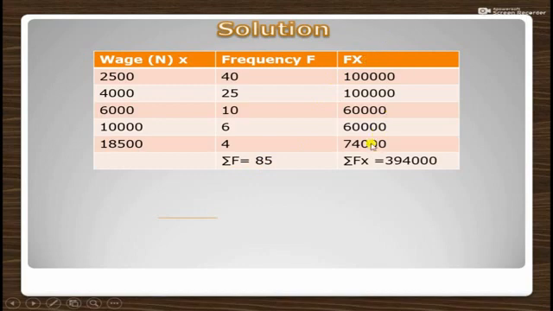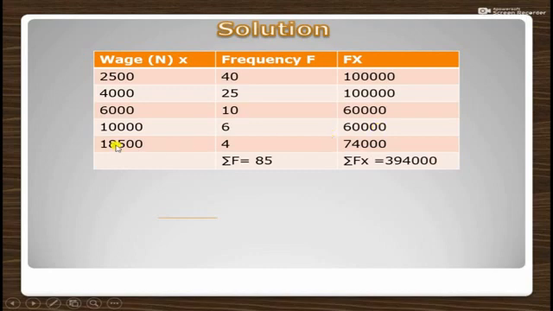Then your F of X column. Remember, like in the other example, I said F of X means you multiply what you have under column X and what you have under column F together. That is 2,500 times 40. It gives you 100,000. Then 4,000 times 25, it gives you 100,000 naira also. 6,000 times 10 gives you 60,000, and 10,000 times 6 gives you 60,000.